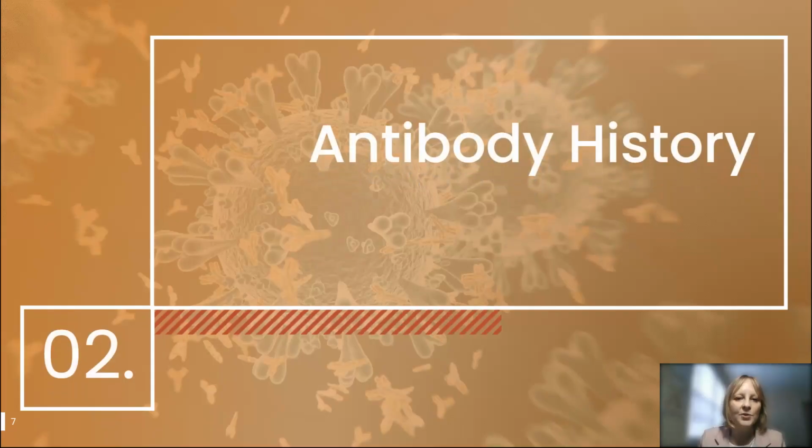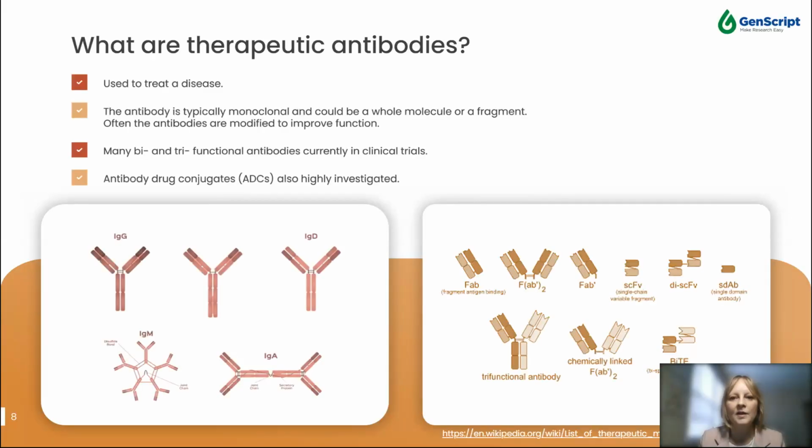So we'll go ahead and we'll start with some antibody history. So what are antibody therapeutics? They're used to treat disease. The antibody is typically monoclonal and could be a whole molecule or a fragment of an antibody. Often these antibodies are modified to improve their function.